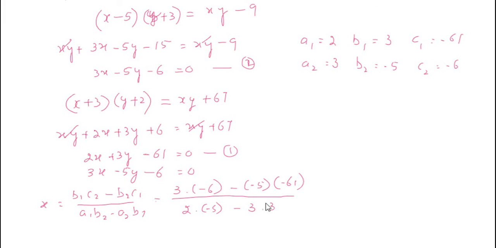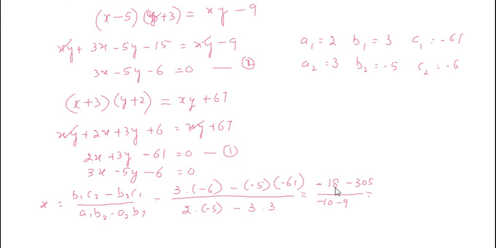So this is minus 18 minus of minus of minus, so this is also minus 305, 61 times 5 right, minus 10 minus 9.